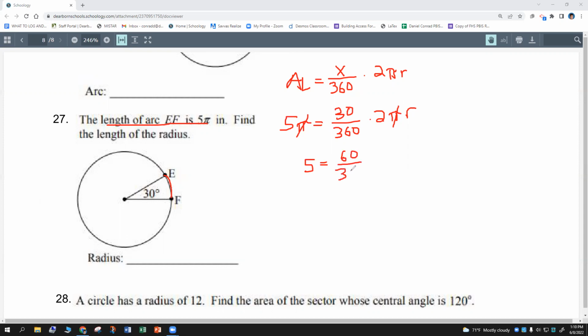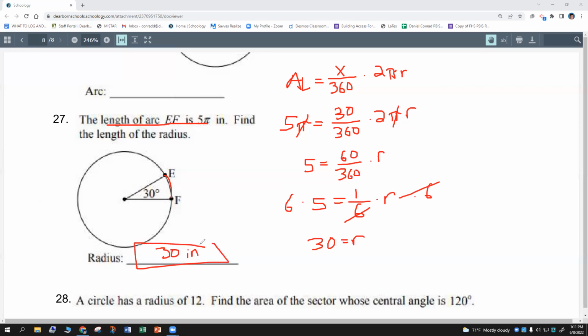So we have 60 over 360 times r, right? 60 divided by 360 is 1/6. So we can reduce that to 1/6 times the radius. And then from there, we can multiply both sides by 6. And that gives us 30 equals the radius. 30 inches is our units.